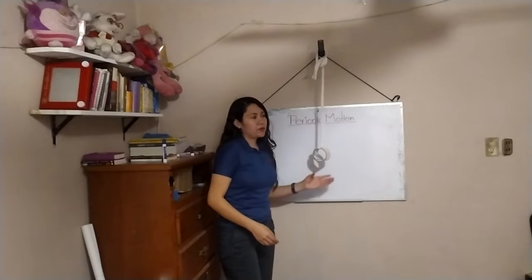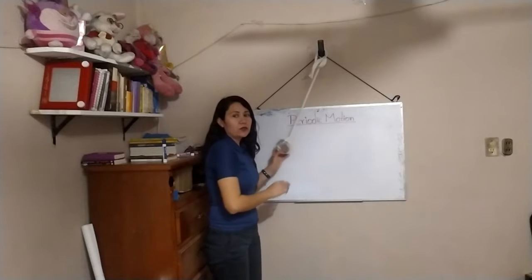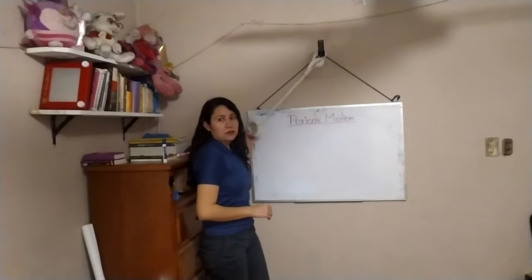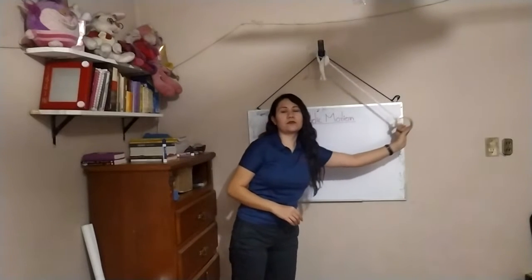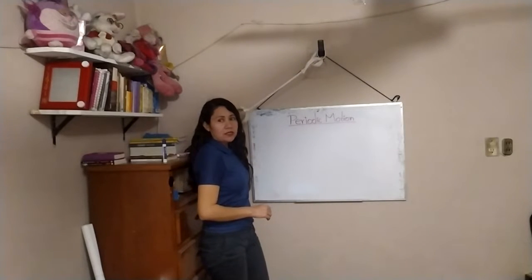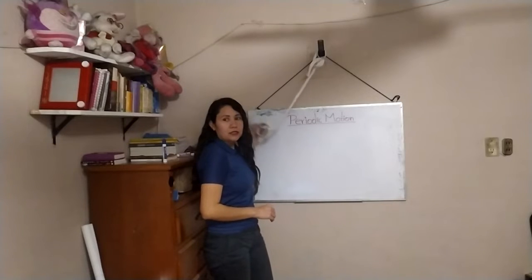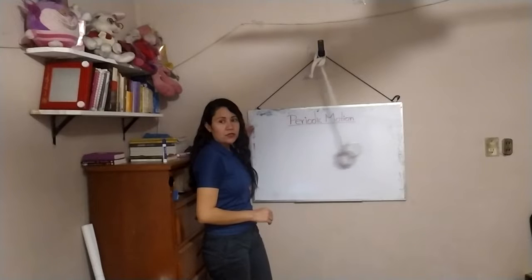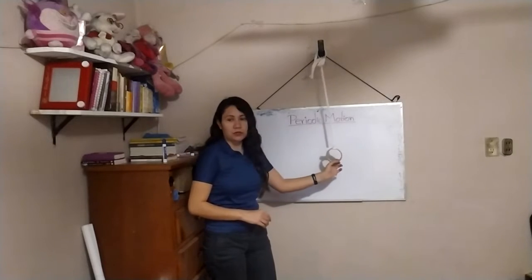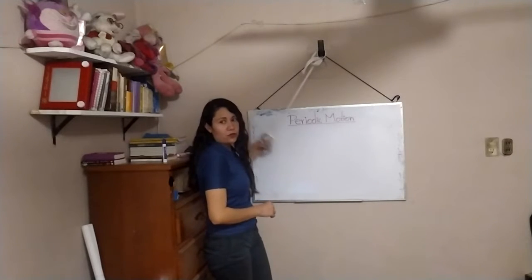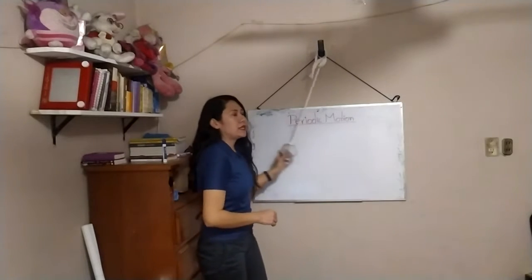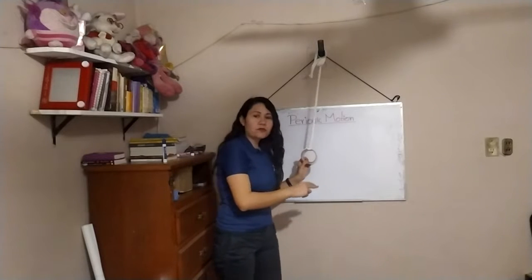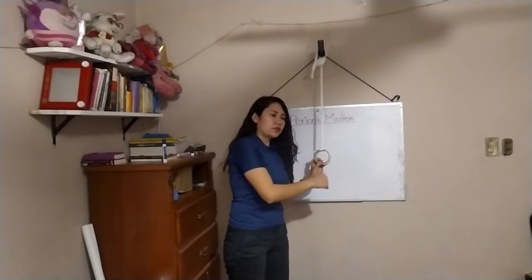Now, what causes periodic motion? As we all know, we have the force of gravity. In this case, for the pendulum, we have the force of gravity acting upon it, trying to return it to the lowest position. We pull it back and it tries to go to the resting position. But since we also have inertia, meaning that if the object is moving, it will continue to move until another force is exerted on it.